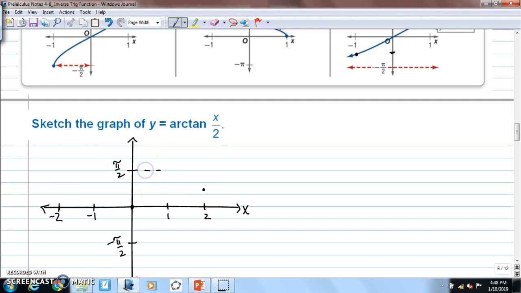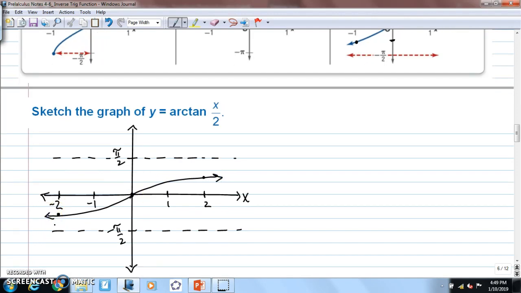And again, these are my asymptotes that it's not going to cross. And these were vertical when you graphed tangent. Now they're horizontal because we switch our x and our y when you do an inverse. Okay, and so here at negative 45 degrees, it's going to be out at, well, I guess negative 45 would be about right there. Okay, and so here's your graph of that. Continues off.